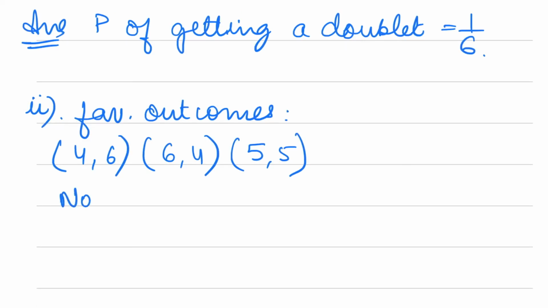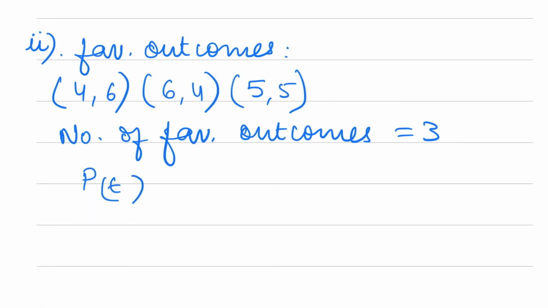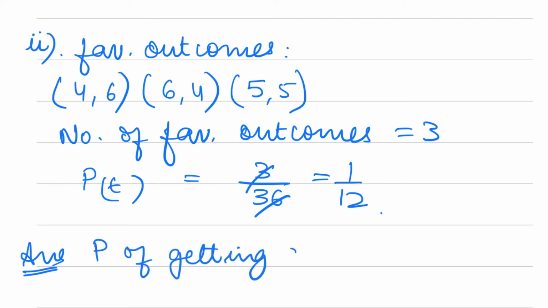The number of favorable outcomes will be 3. Probability of this event would be equal to 3 by 36. This is equal to 1 by 12. So answer, probability of getting a sum of 10 would be equal to 1 by 12.